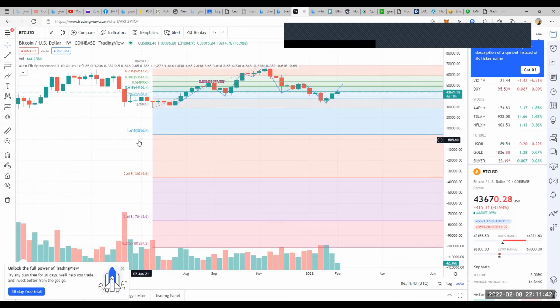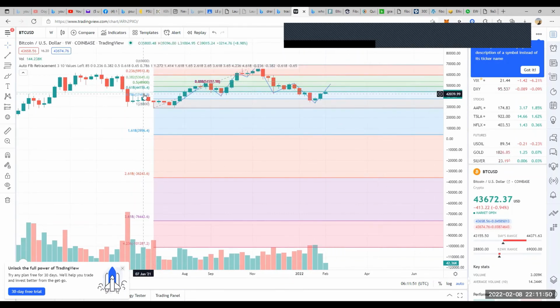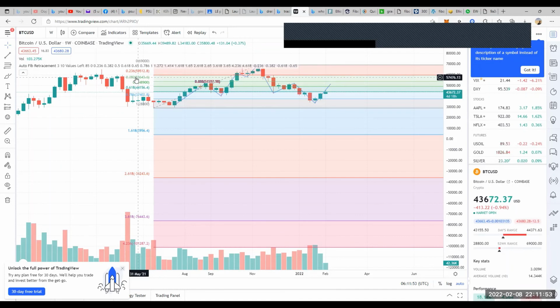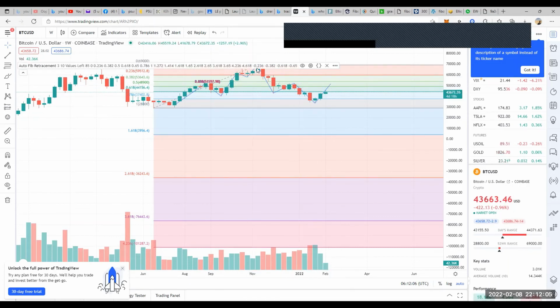And there you go. Remember what we talked about? It can get up to the 1.6 on some of these. The retracement will clearly show where this is at. This is the 0.382 and this is the 0.786.